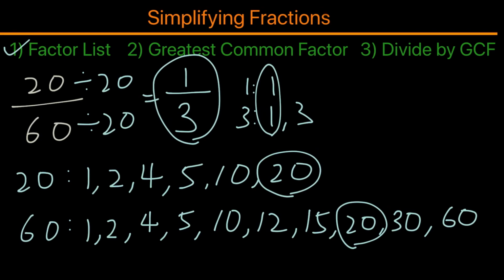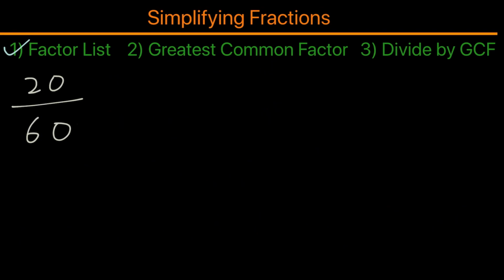Now there is also another way that you can do this question. Especially when you have larger numbers, as long as you can think of a number that both the numerator and denominator can divide into, you could simplify multiple times. So for example, 20 and 60, we know that they're both even numbers, so we can definitely divide both by 2.